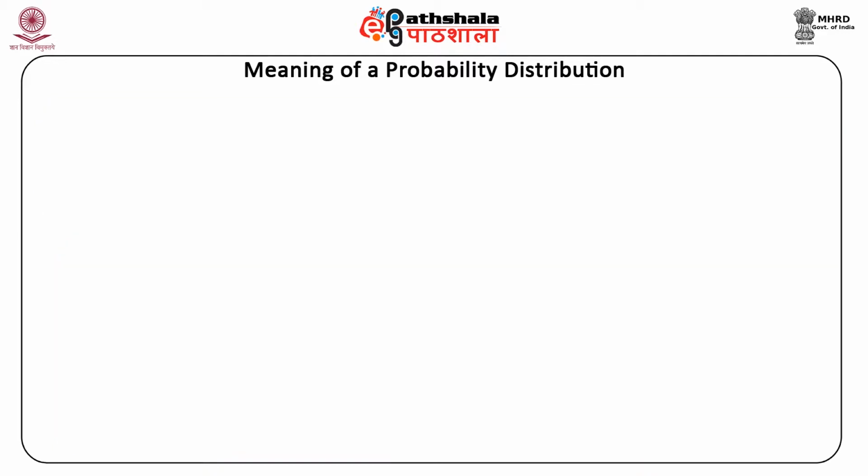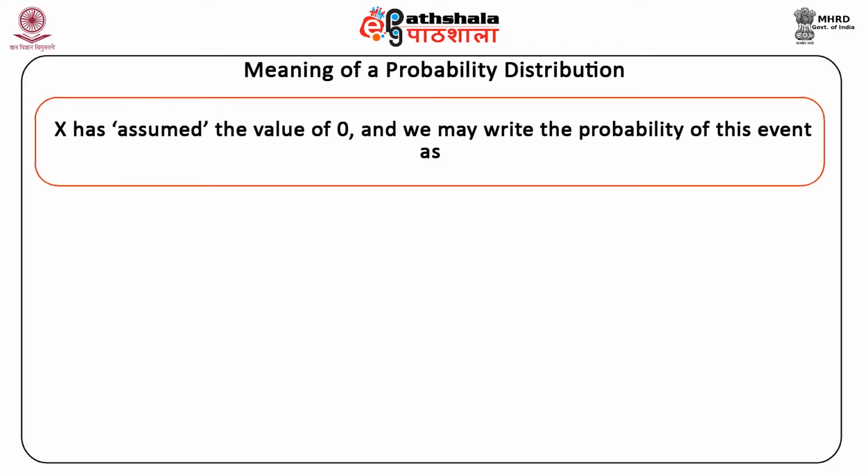For instance, if a trial of the experiment results in the outcome TTT, we say that X has assumed the value of 0 and we may write the probability of this event as P(TTT) = P(X = 0) = 1/8.